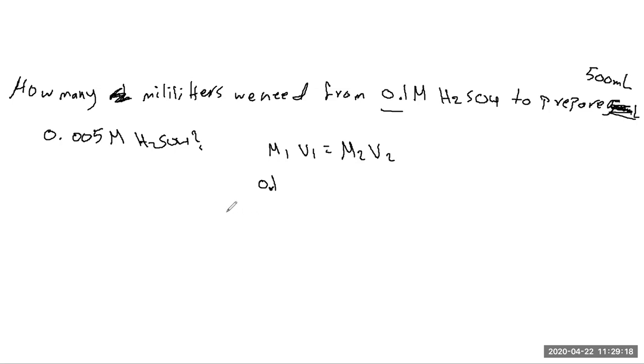But M1 usually is the stock solution, the larger concentration. M1 0.1 molar times the V1, which they are asking about. The M2 is 0.005 molar times the V2, 500 milliliter.